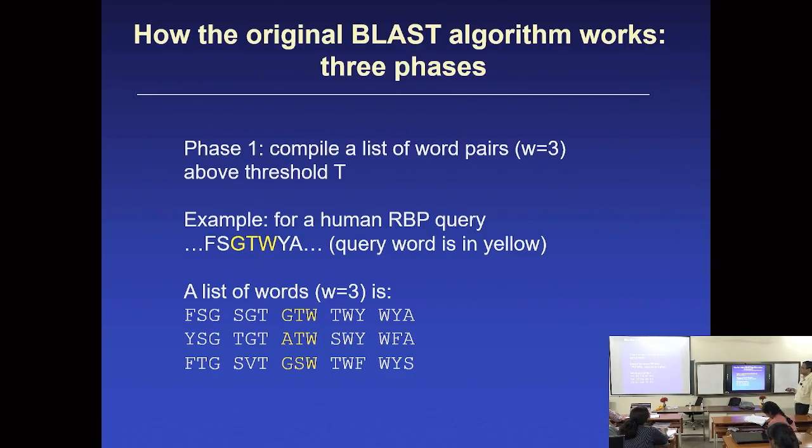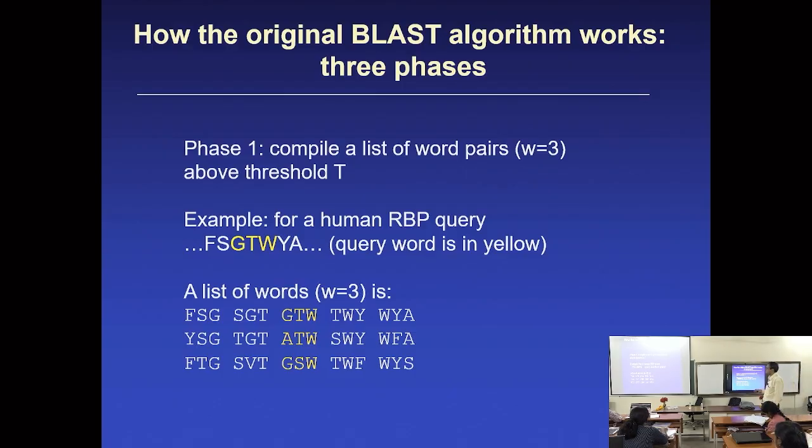And let's consider a query word GTW, but let's get all the 3-letter words in the query sequence, and that could be FSG, SGT, GTW, TWY, WYA, right? All possible 3-letter words from the query sequence.